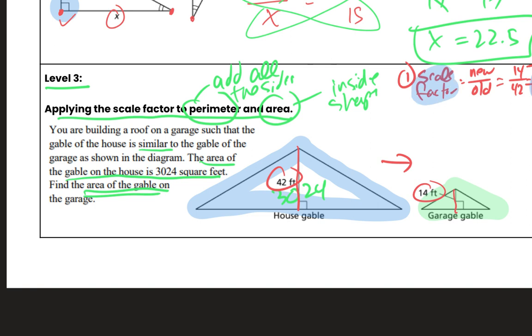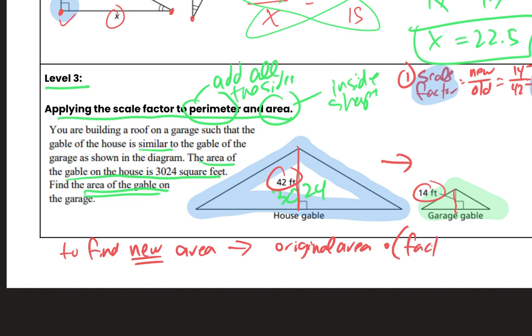Okay, now that we know the scale factor, here's what we need to remember. Okay, to find the new area, that's going to be equal to the original area times the factor squared.